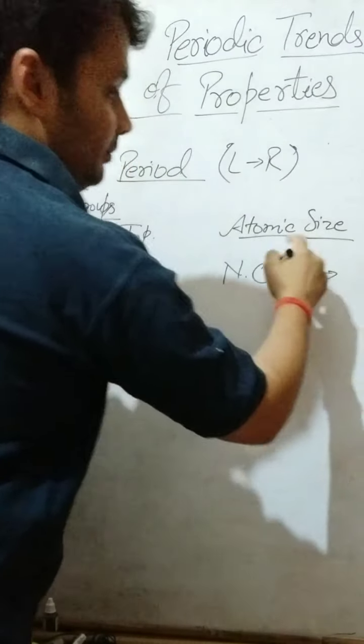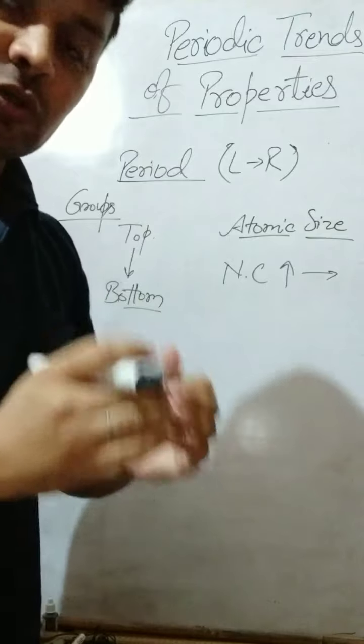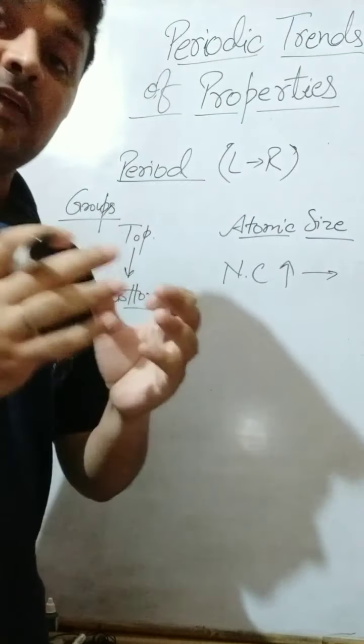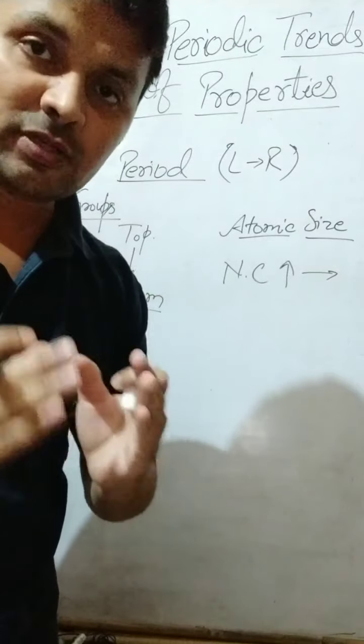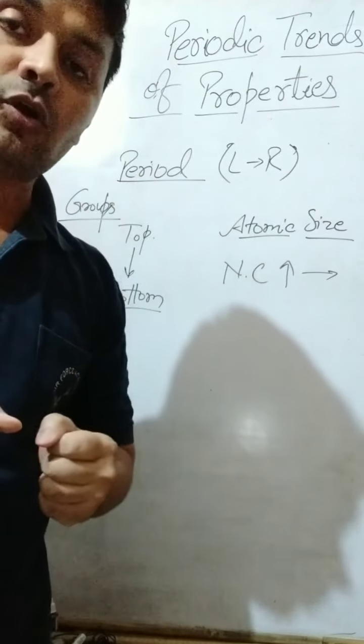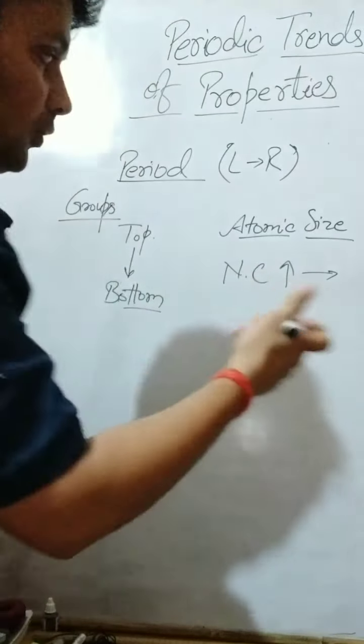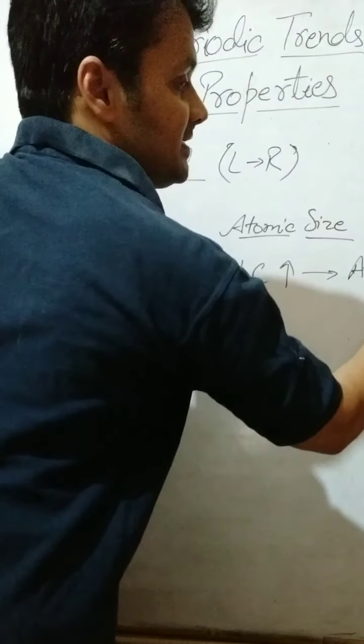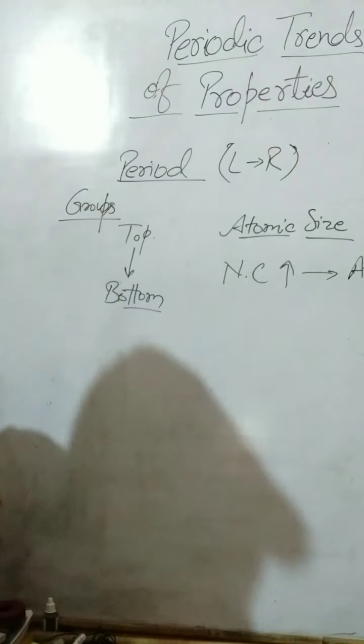Because the period is the same, the positively charged nucleus will exert more electrostatic force and attract the electrons with more force. So the atomic size will decrease.